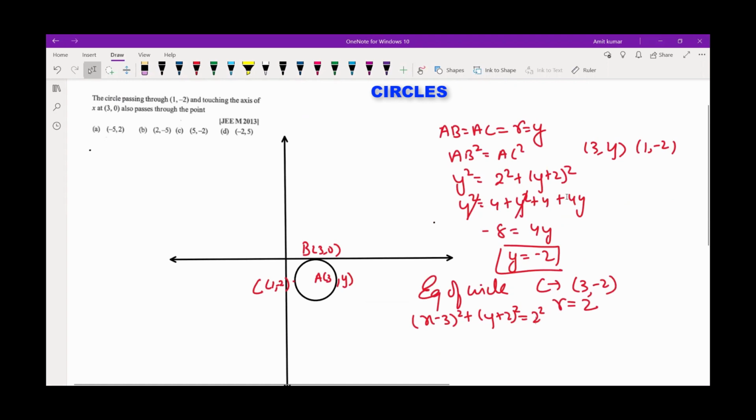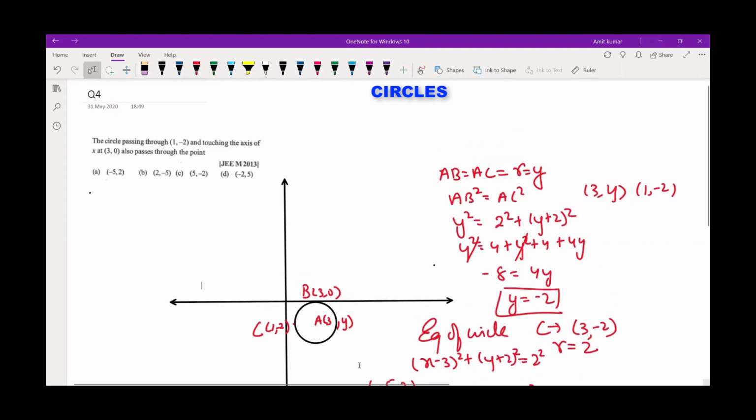If I put (-5, 2) in this equation, I get (-5 minus 3) whole square, that is minus 8 whole square, that is 64, plus (2 plus 2) whole square, that is 16. On LHS I get 80, and on RHS I get 4. Therefore (-5, 2) is not satisfying my equation.